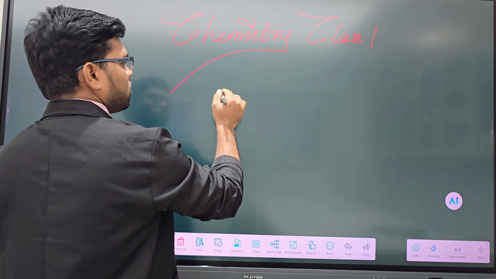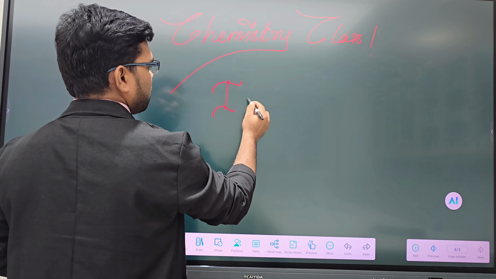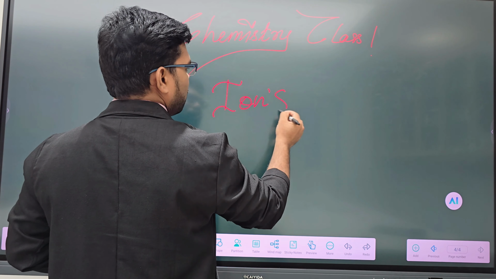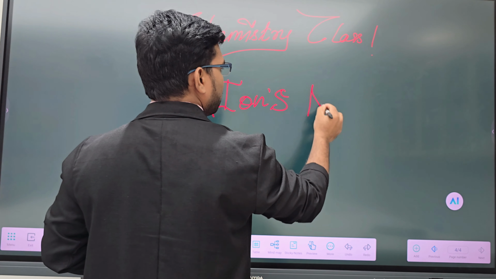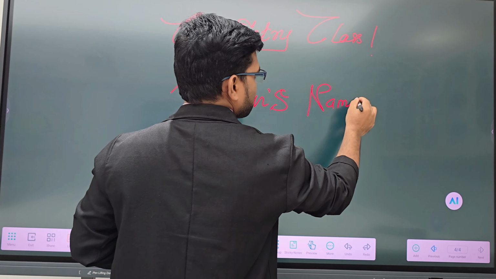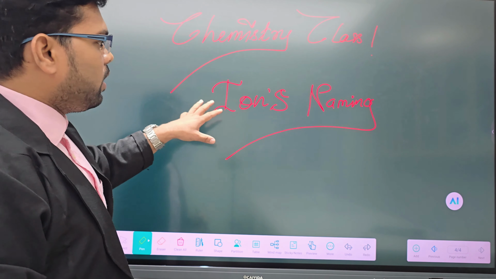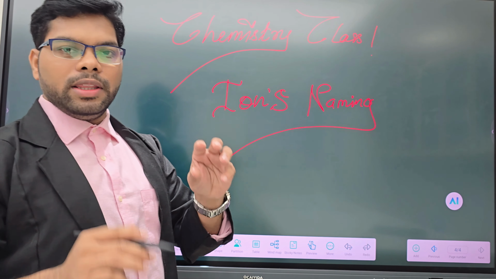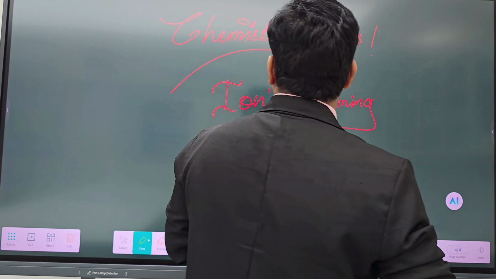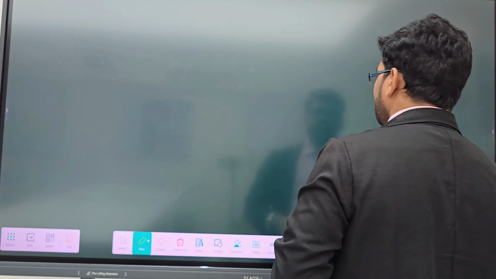Okay, so today we will be talking about ions naming. So today I will explain about how we're going to name the ions. Alright, so let's get started.